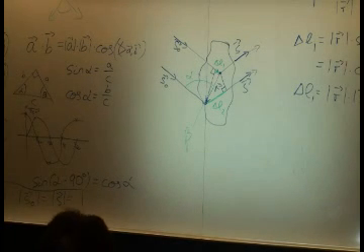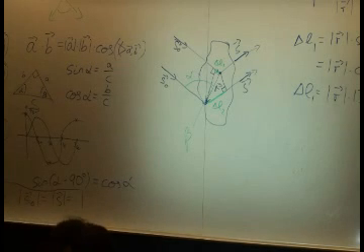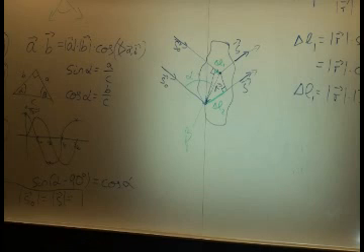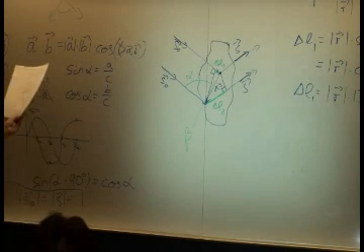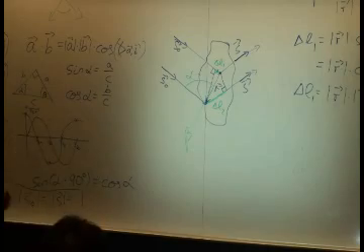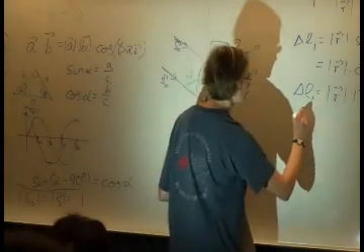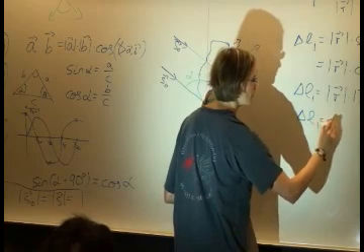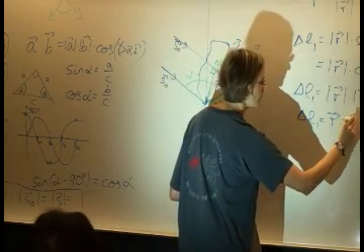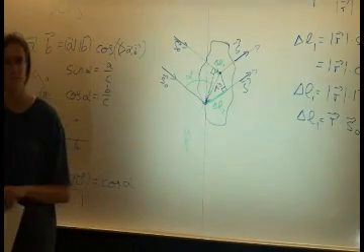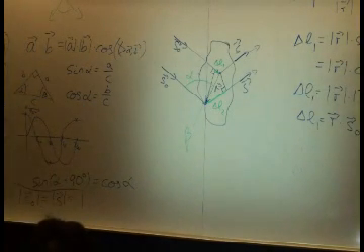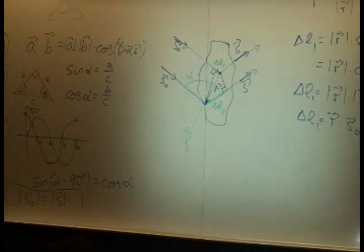Mathematically, all of this is perfectly good. Does that expression somehow look familiar? It's rule 1, isn't it? So delta L1 is equal to R times S0.